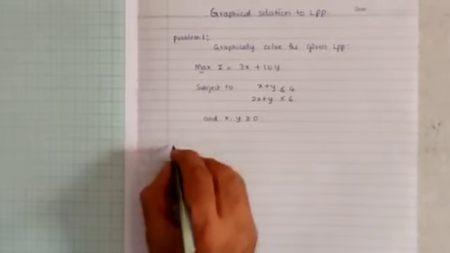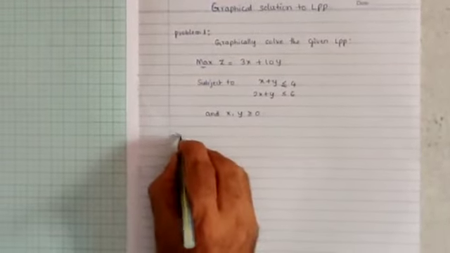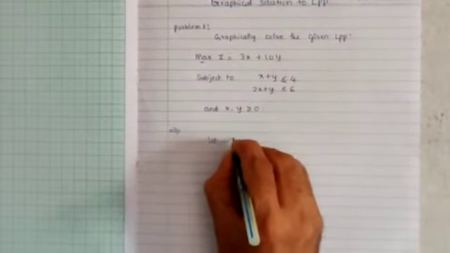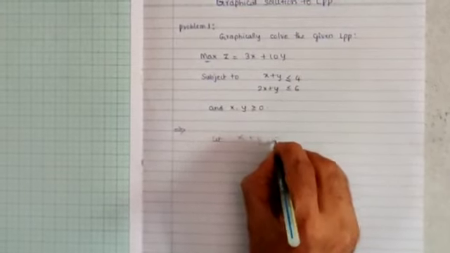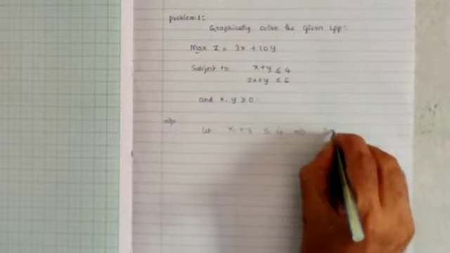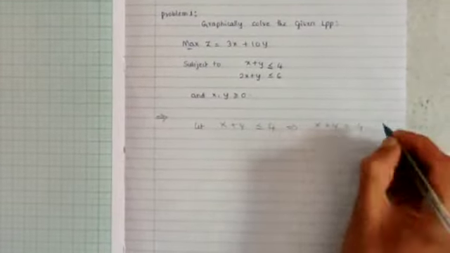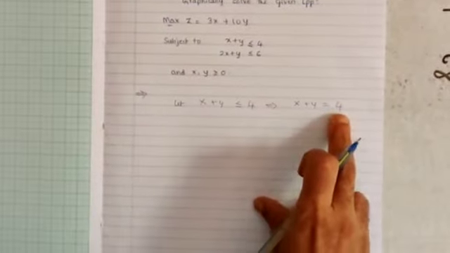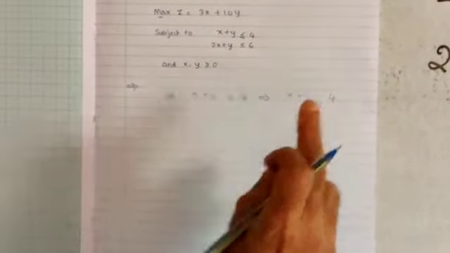Very first, while solving the graphical problem, the given inequality has to be converted into equality. Let x plus y less than or equal to 4 be converted into x plus y equals 4. Once again I am repeating, the inequality has to be converted into equality. So you will get one equation.